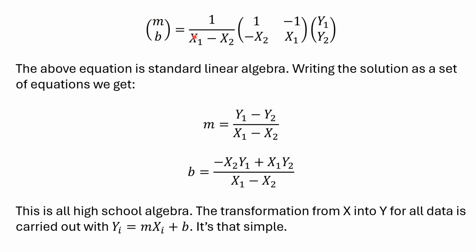So in matrix notation, it's written this way, and if you go through the product and finish it, you can get two equations here. Your slope, which you probably remember from your high school algebra class, and then the intercept is less memorable, but this is the intercept for two points.